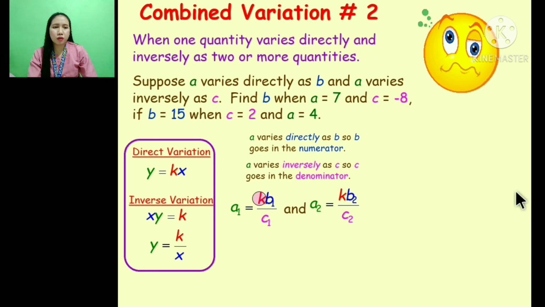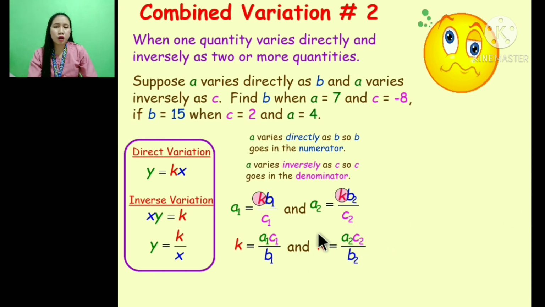And now we're going to solve the value of K. So in this equation, we have now K is equal to A sub 1 times C sub 1 divided by B sub 1. And on the other hand, we have K is equal to A sub 2 times C sub 2 divided by B sub 2.